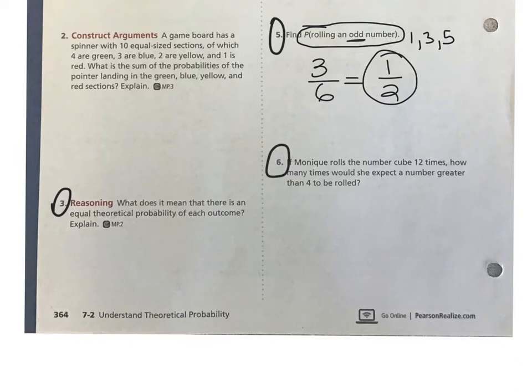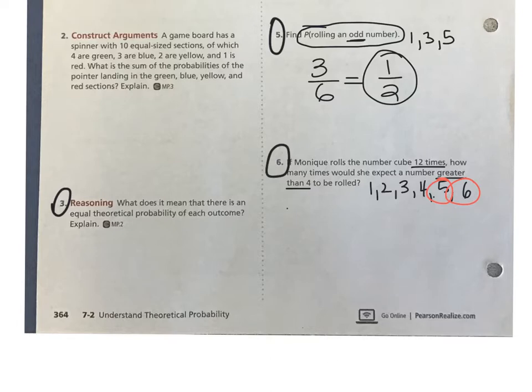Number 6, if Monique rolls the number cube 12 times, how many times would she expect to get a number greater than 4? So let's go back to the possibilities. All the possible outcomes are the numbers 1 through 6. The numbers that are greater than 4 are 5 and 6.